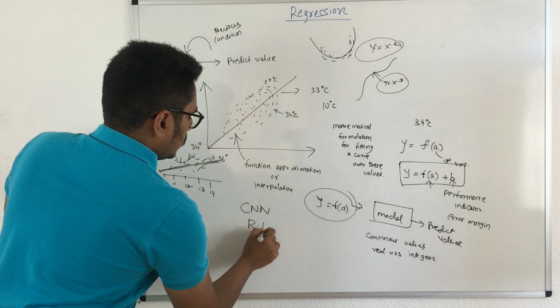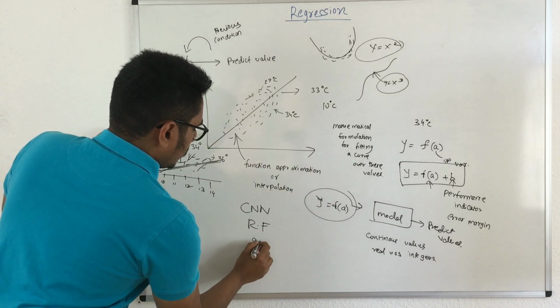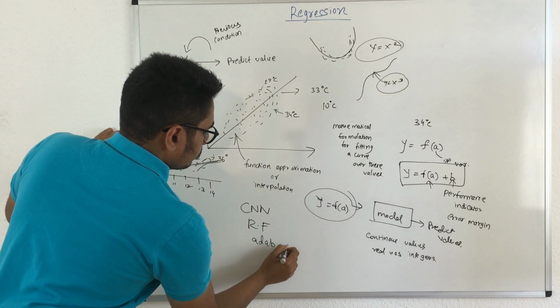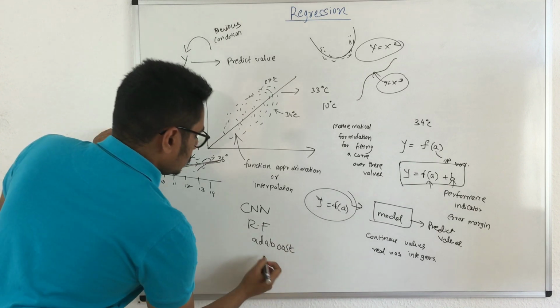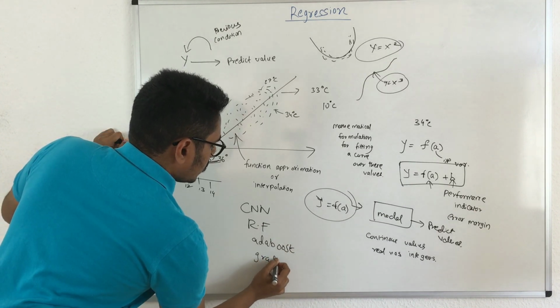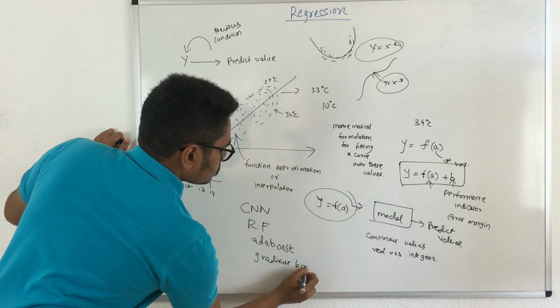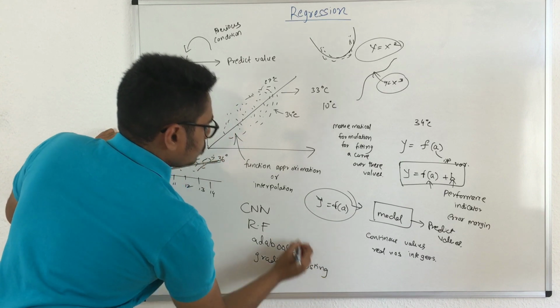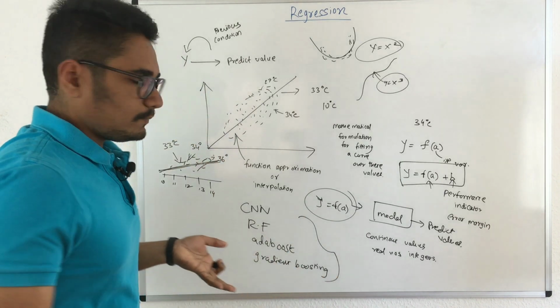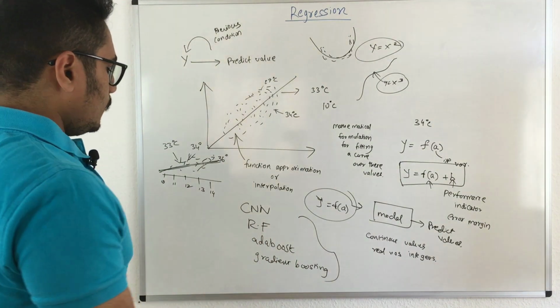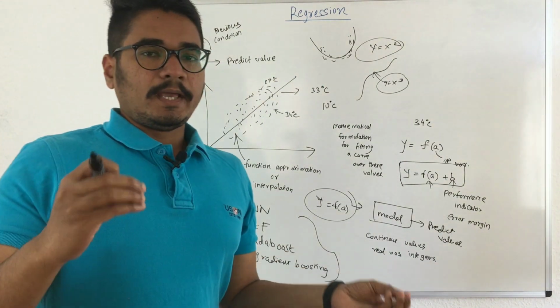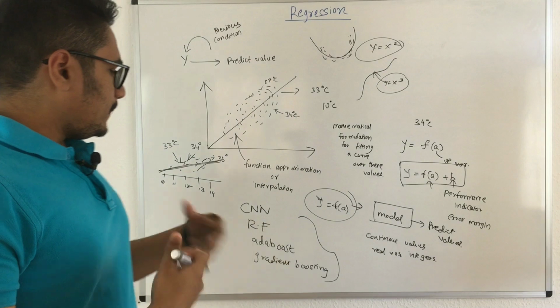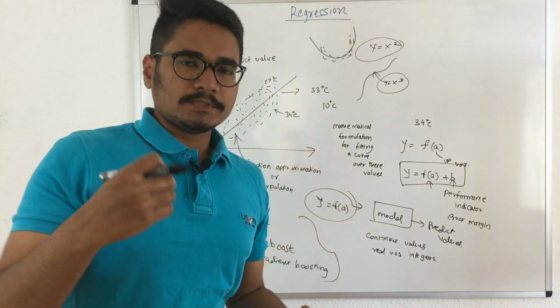You can have the random forest, or you can go with AdaBoost, or you have something called gradient boosting. So you can use any of these algorithms for regressing your data, but which algorithm and when to use it becomes quite challenging, or a complexity.